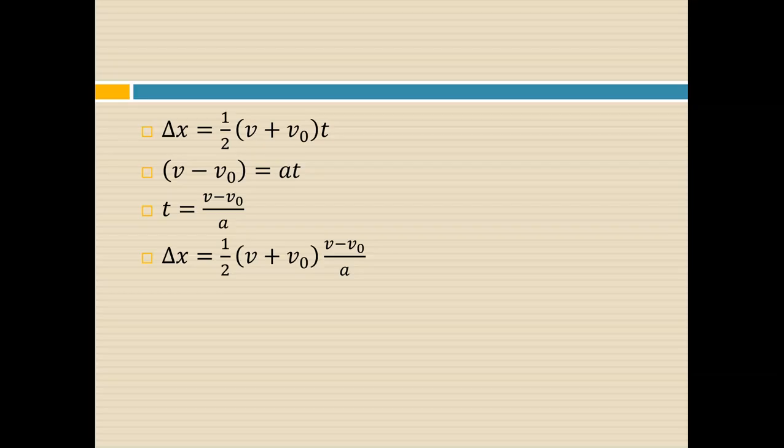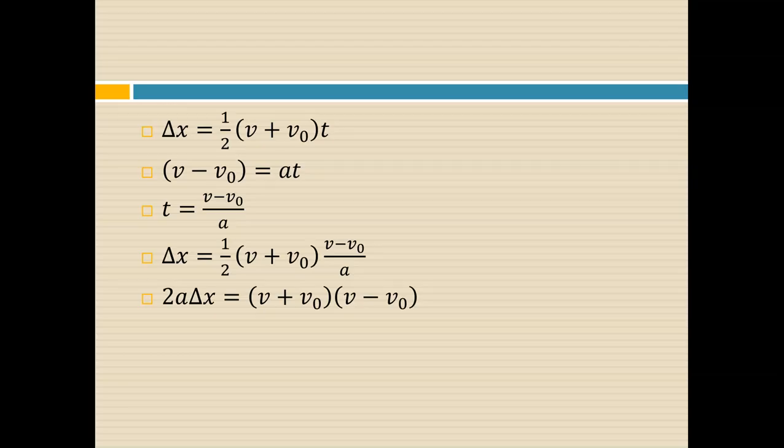So how do I get rid of that denominator on the right-hand side of the equation? Multiply by 2a. So I get 2a delta x on the left-hand side, and on the right-hand side, I get (v plus v0) times (v minus v0). Okay, oh math geniuses. What is that expression on the right-hand side? Right, that is a difference of squares.